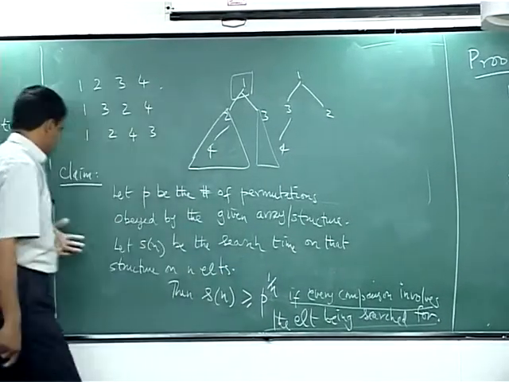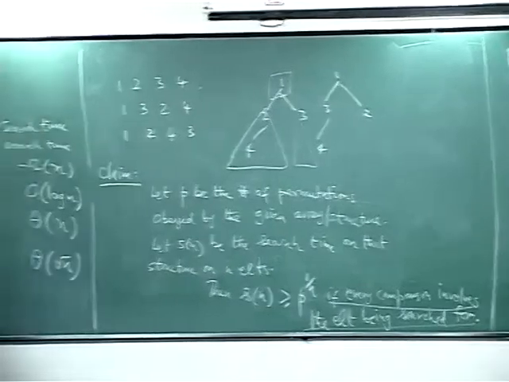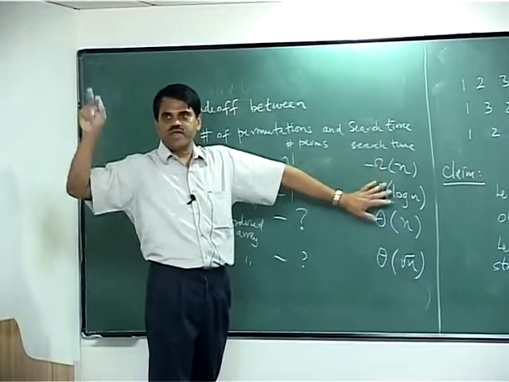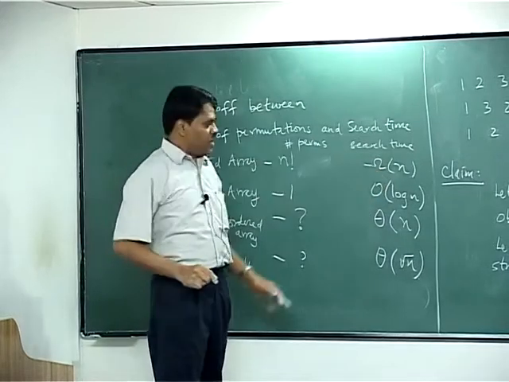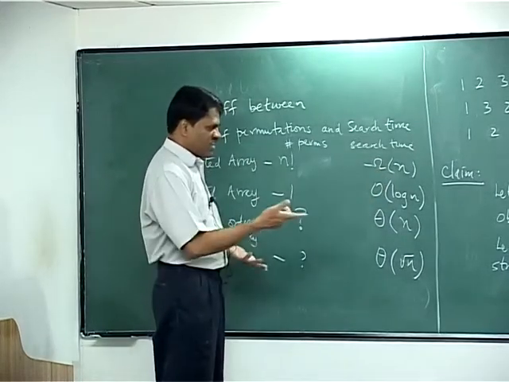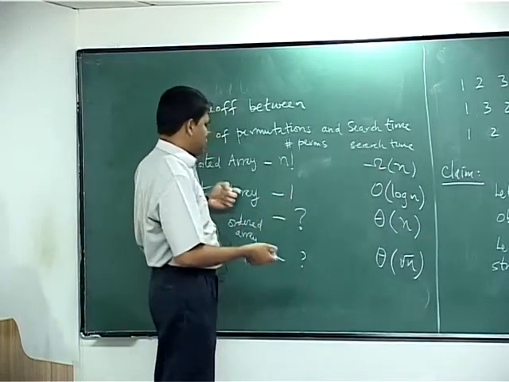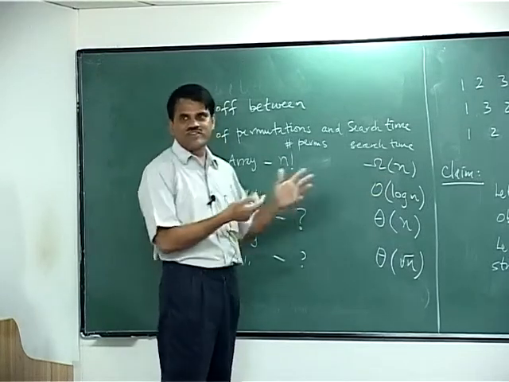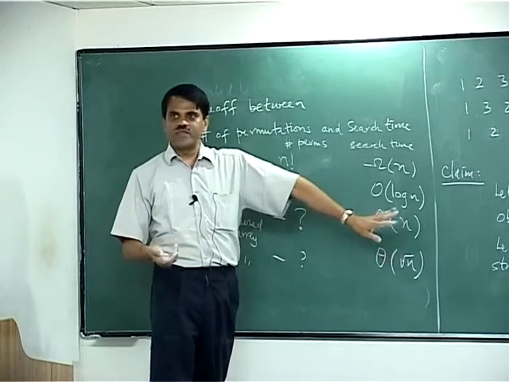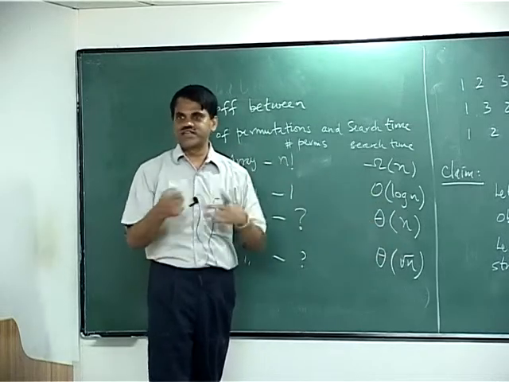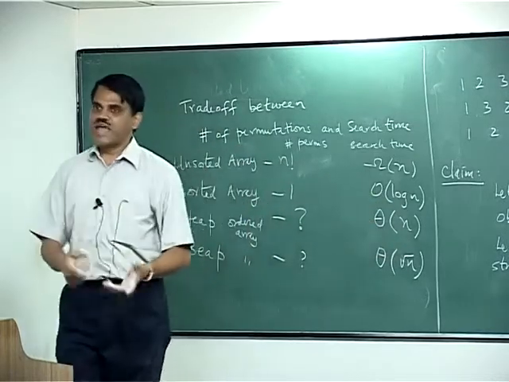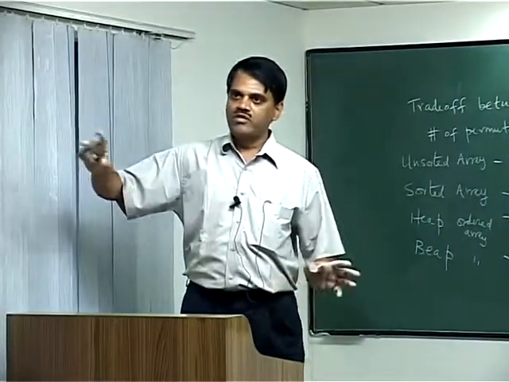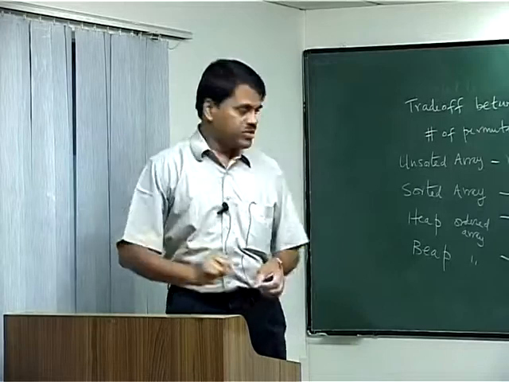So if p is n factorial, then n factorial power 1 by n is omega n, since n factorial is like n by e power n. And if p is like 1, it says the search time is at least 1. It's a very weak lower bound, but there's nothing wrong here. It doesn't say much, but we already know the log n lower bound for binary search by various other adversary arguments and so on.